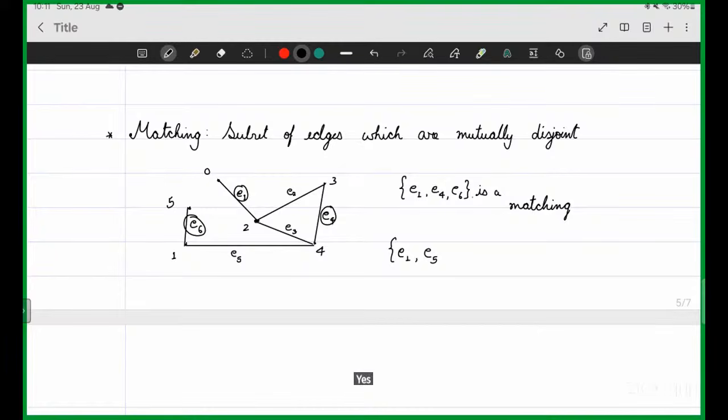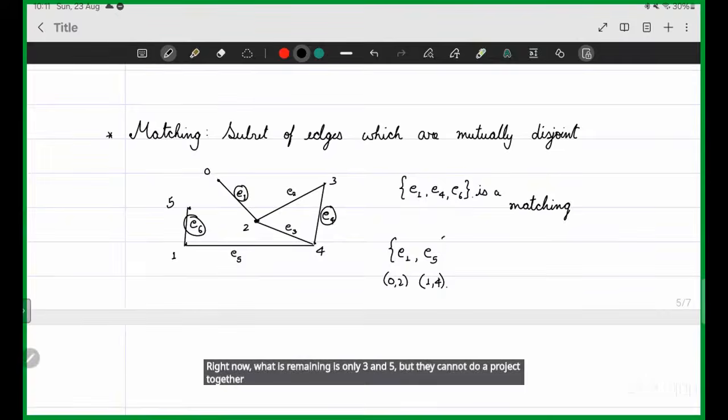No. 3 and 5 are not compatible partners, so they cannot do a project together because they do not have an edge. Yeah, E1 and E5 can. So when E1 and E5 are done, 0, 2 and 1, 4 are done. What is remaining is only 3 and 5, but they cannot do a project together. So this E1, E5 is a matching, but it is not a perfect matching because some vertices are left out.